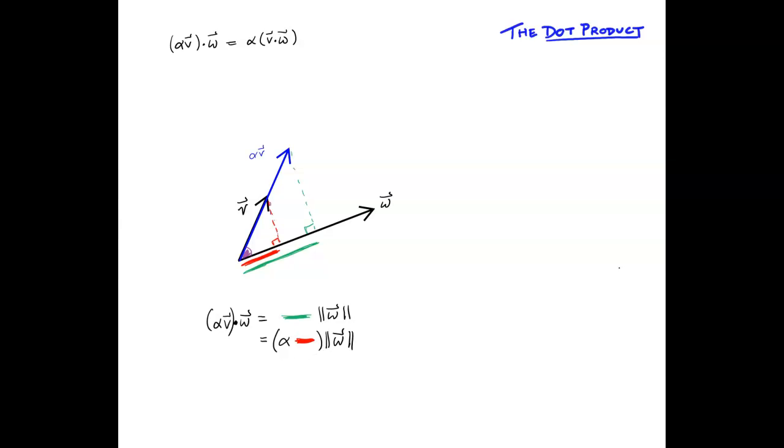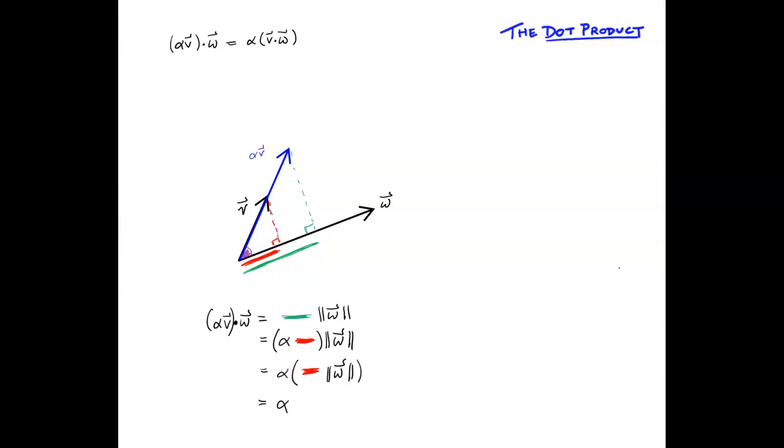So I've got the product of these three scalars right here. Well, I know that the associativity property holds for ordinary arithmetic of numbers, which means that I can shift those parentheses a little bit and write this as alpha times the red length times the length of w. And why do I want to do that?